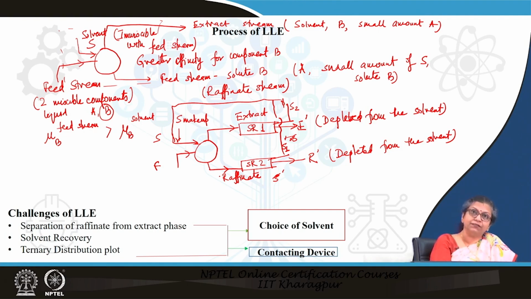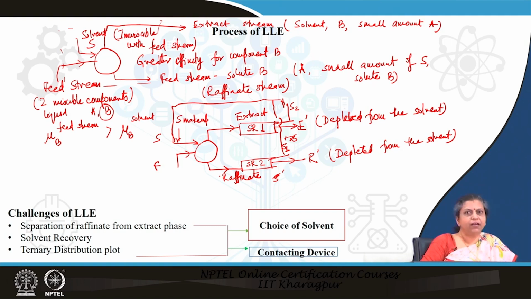There is one other very important challenge. If you remember, when we were discussing the equilibrium considerations, I had mentioned one thing. For vapor liquid equilibrium in distillation, we refer to the TXY, PXY or XY plots. For gas absorption, we refer to solubility plots. All of these are 2D plots.